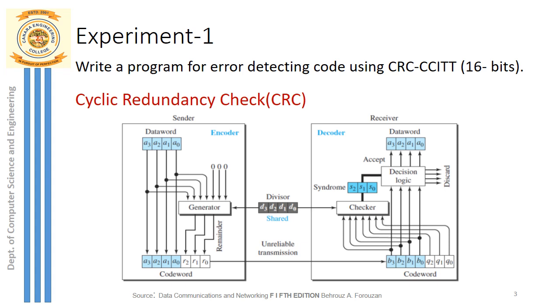The diagram shown here is the block diagram of cyclic redundancy check. It has two components. One is the encoder at the sender side and the decoder at the receiver side.